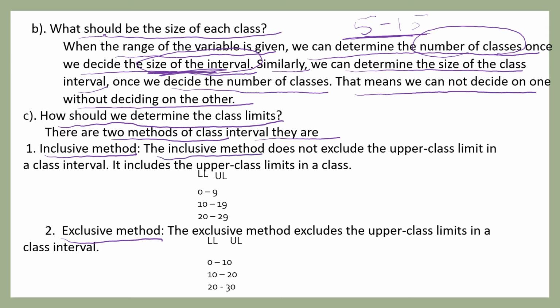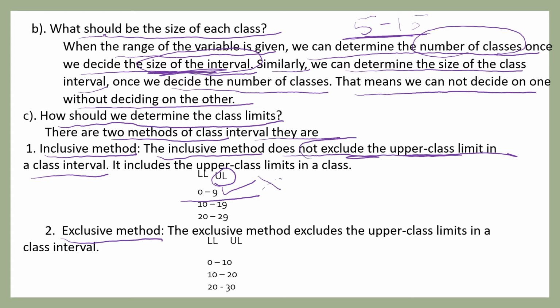The inclusive method does not exclude the upper class limit in a class interval. See here, if we consider 9 as the upper limit of a class interval, it is not excluded.